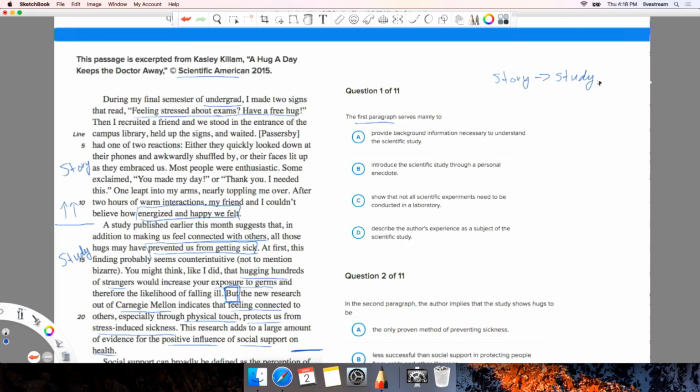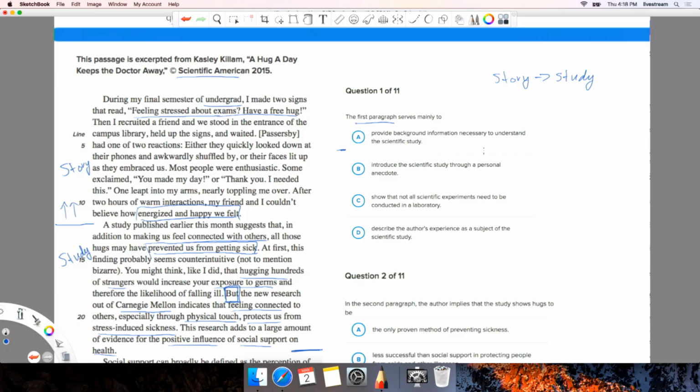So let's take a look at the first one. Provide background information necessary to understand the scientific study. So that is not completely off from what I mentioned, but not exactly what I said either. So I'll leave that in.